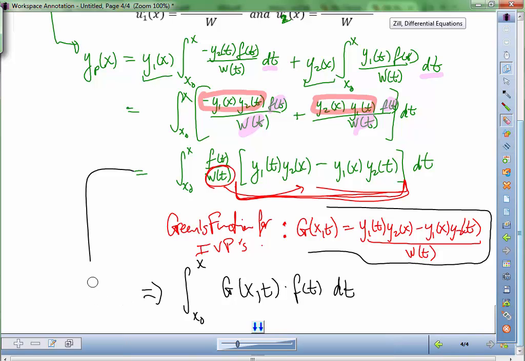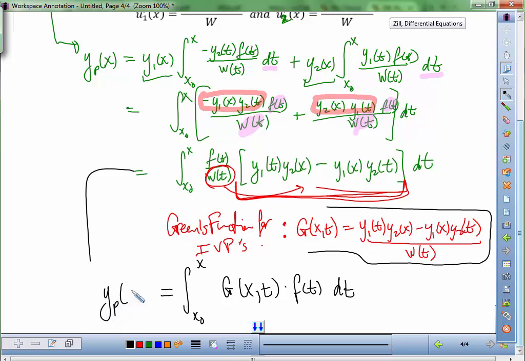Okay, so this would be your particular solution for your differential equation, the yp. Not the particular solution, it's the particular solution that you would add onto the homogeneous solution, because you still have the homogeneous solution in the mix. Okay?